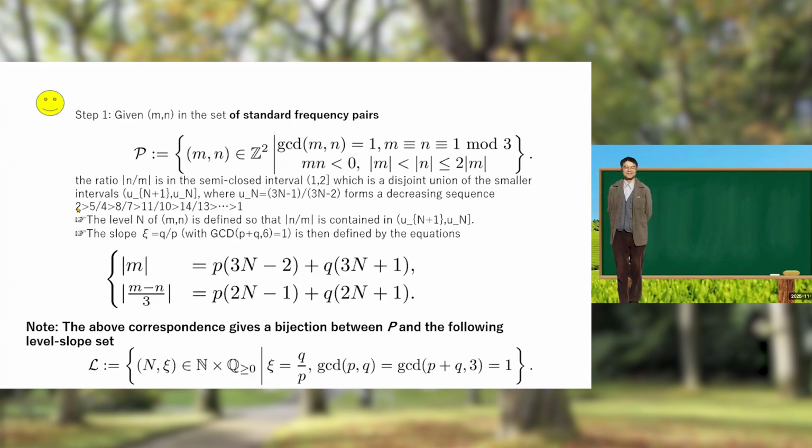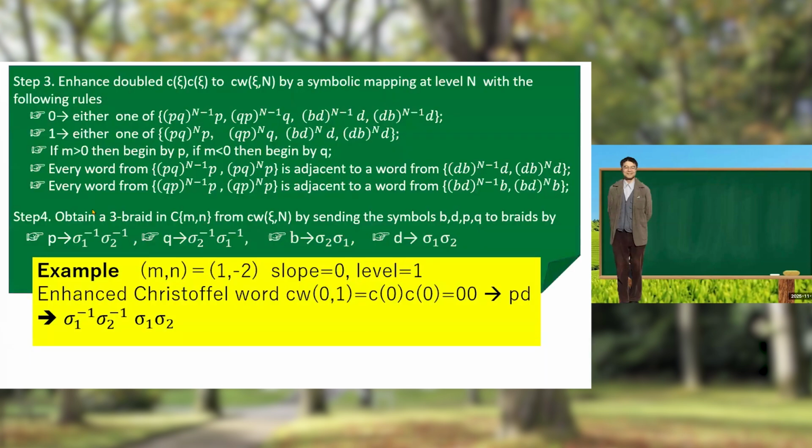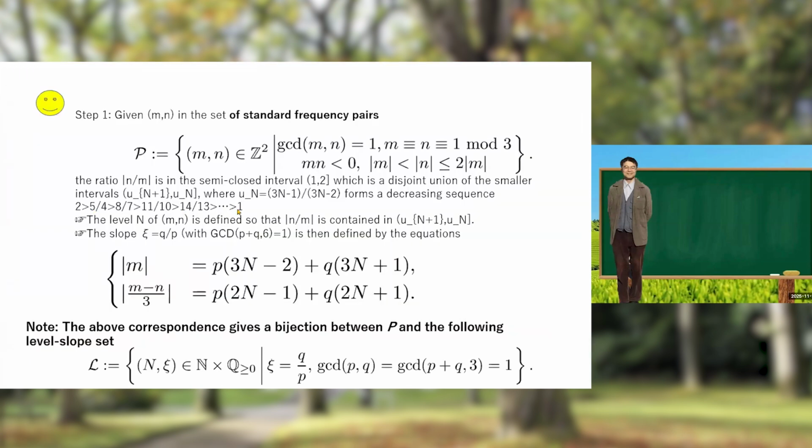Then we decompose the interval 1 to 2 by this decreasing sequence. Then we find where the absolute value of n over m is contained in this decomposition, which decomposes the smaller interval. This is how we determine the level n.